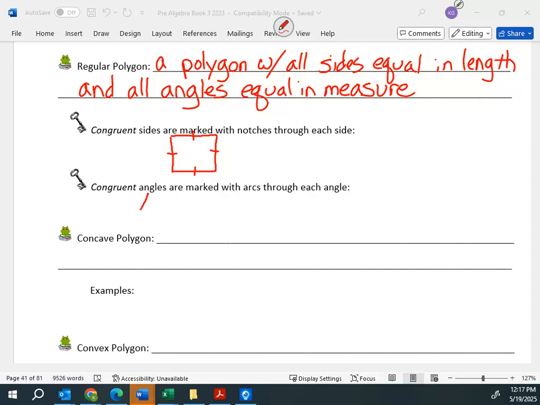And if we think about that equilateral triangle that we looked at, all of our angles are equal. So you can show it by the notches or the angle marks. You can show it by the measurements all being the same.